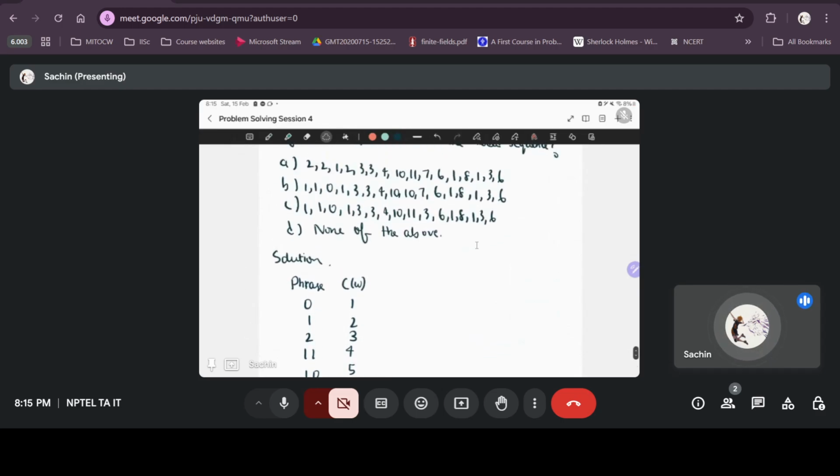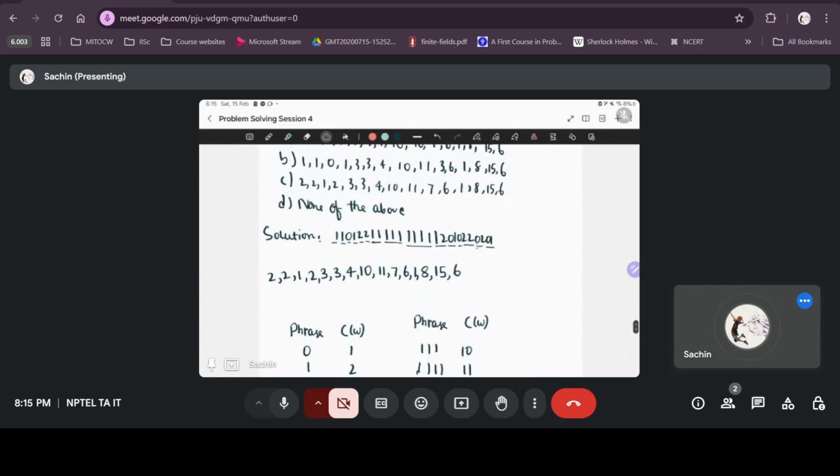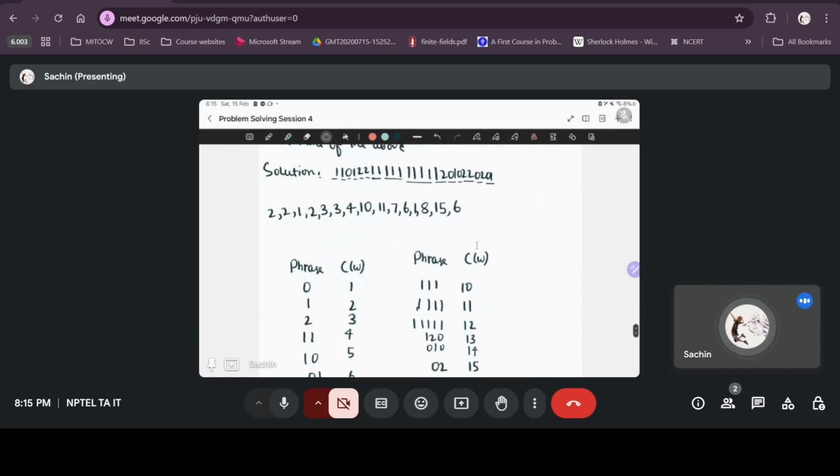So the earlier parts of the sequence are fine, up to adding one 1 1 1 1 1, at which point you are here.